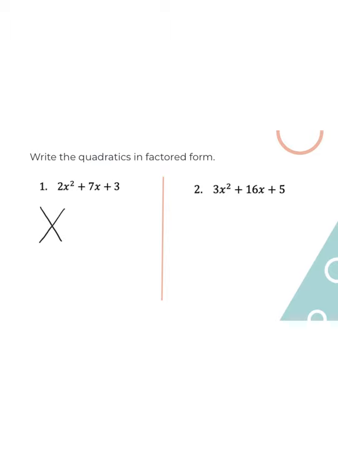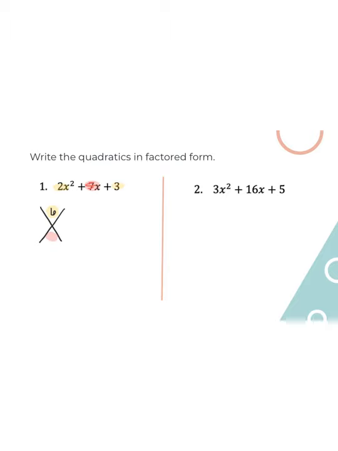Here's my x. Remember, to get that top number, we're going to take our a times our c, and that number is going to go right there. So a times c, 2 times 3 is 6. So I'm going to put a 6 on top. And then our b is going to go on the bottom.